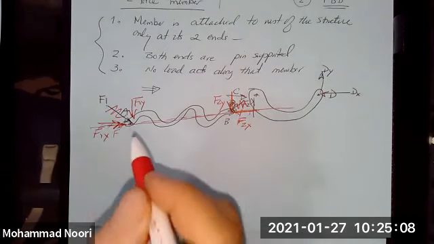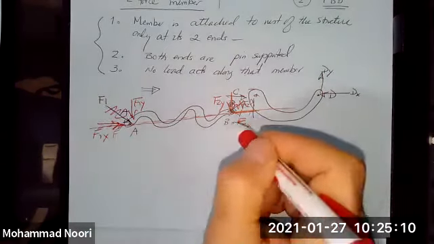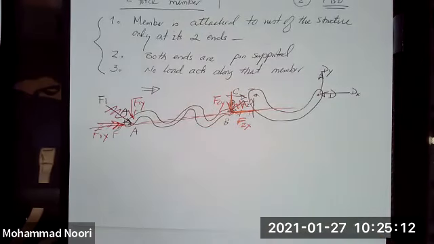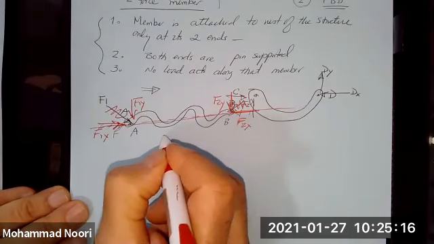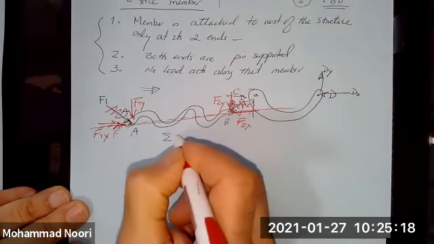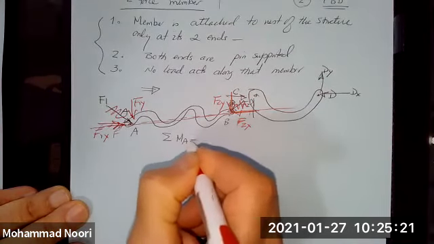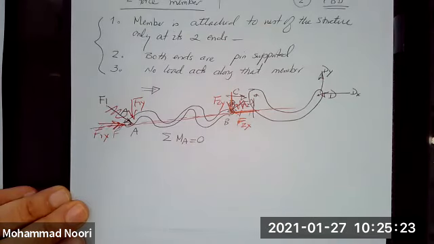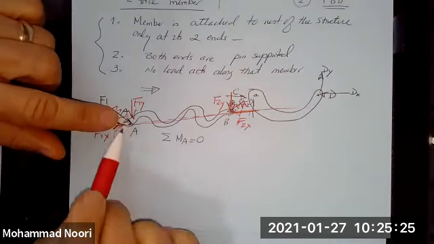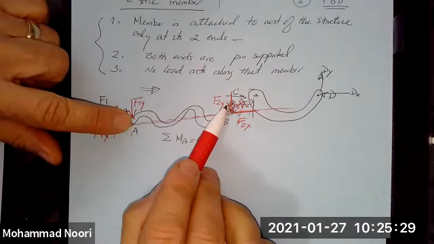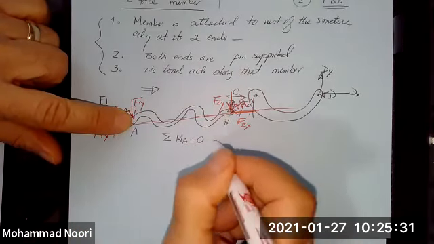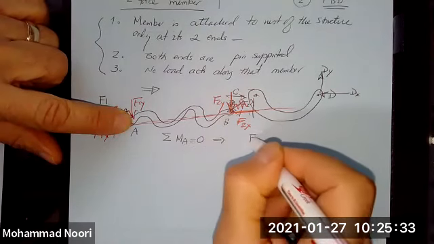But wait a minute. Can I have all these forces? I will prove that you cannot have them. Why? Because if you take summation of moments about A equal to 0, what happens? These two pass through A, this force passes through A, so you only have one force, F2y. So this equation will give you what?